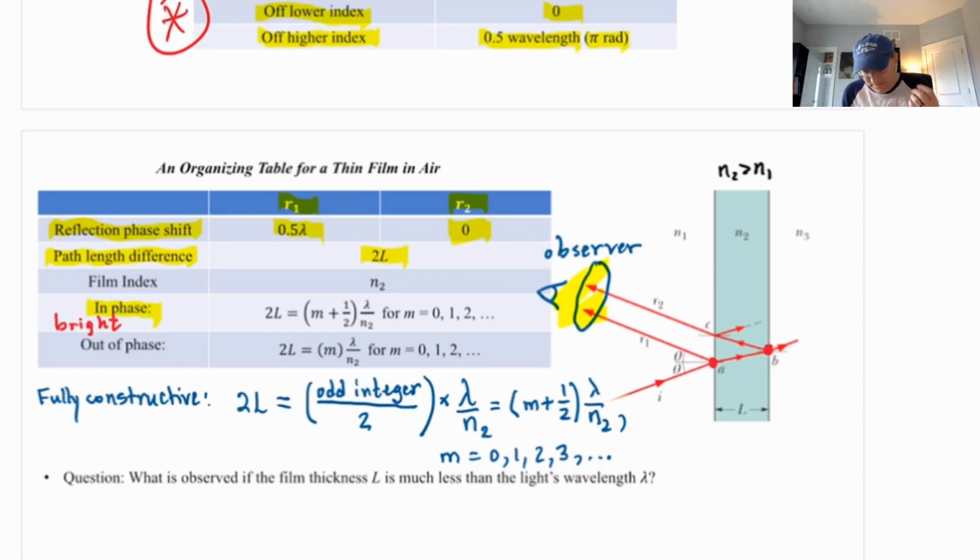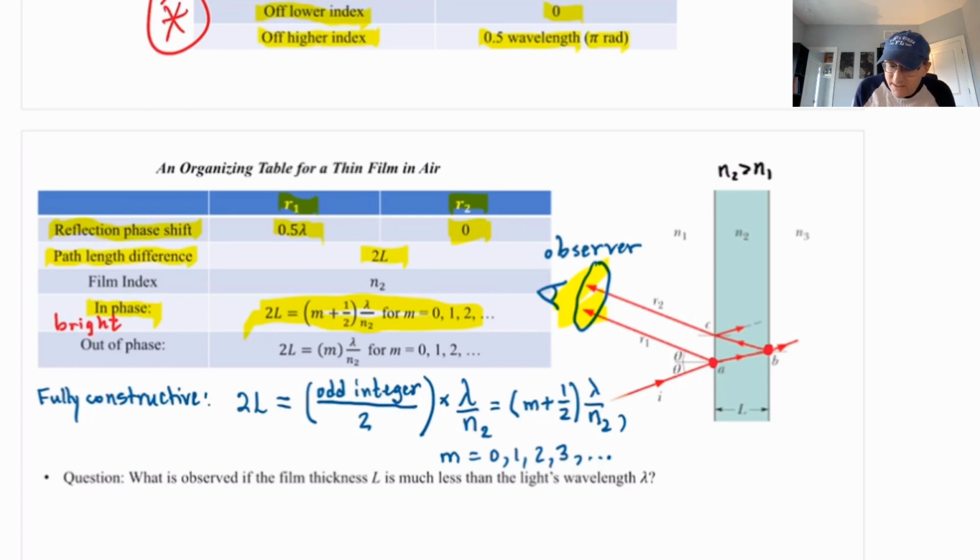So for example, when m is 0, the right-hand side is 1/2 lambda over n2, 0.5, if you like. When m is 1, the right-hand side is 1.5 lambda over n2, etc. And so that's why you see this expression written right in here in the table. That's what must be true if we're going to see fully constructive interference where our observer is.